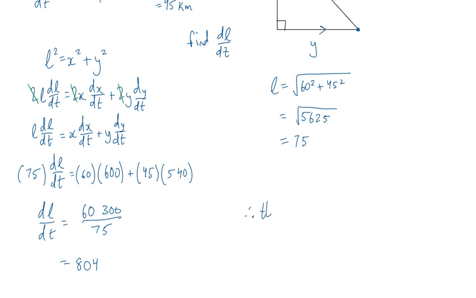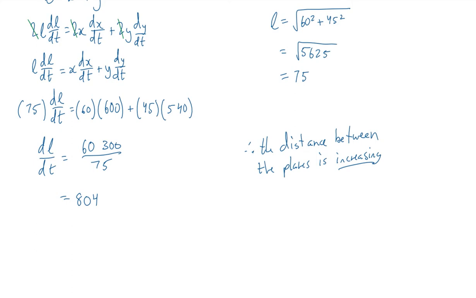Therefore, the distance between the planes is increasing. So that's really important that you state that every single time. You have to state if it's increasing or decreasing. There are other ways. Sometimes we say falling, sometimes we say rising, something like that. There are other ways of saying it, but you have to make a comment on direction, increasing by 804 kilometers per hour.